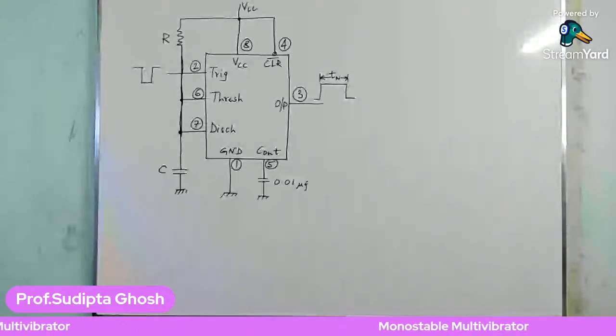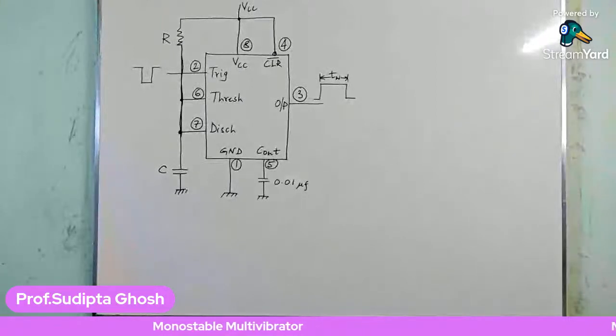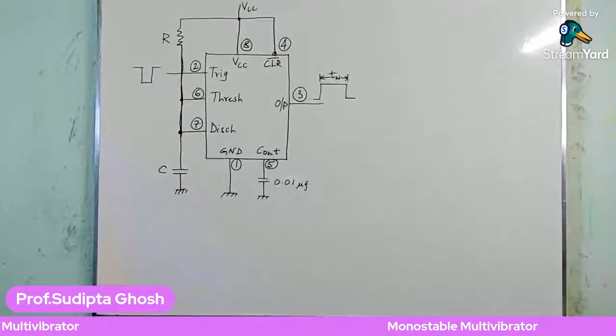So when the trigger pin of the timer is forced to go below 1/3 VCC using a negative going pulse, what happens?